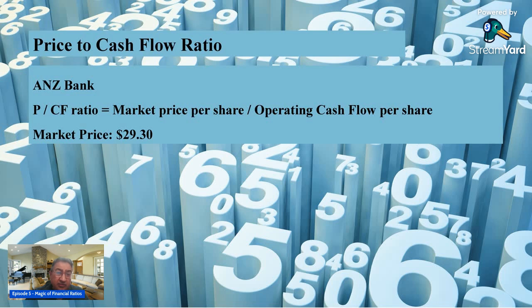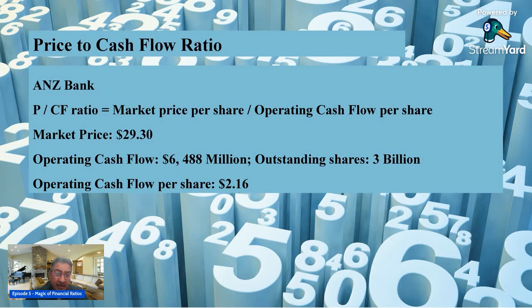ANZ Bank, as of this recording, has a market value of $29.3 and operating cash flow of 6,488 million and outstanding shares of 3 billion, which gives an operating cash flow per share of $2.16. It is important to note how you get this operating cash flow.